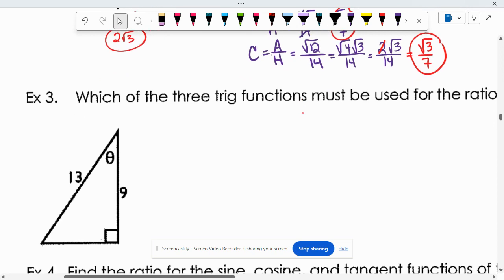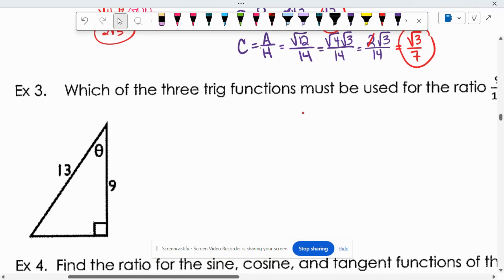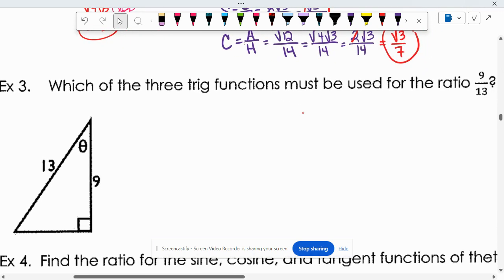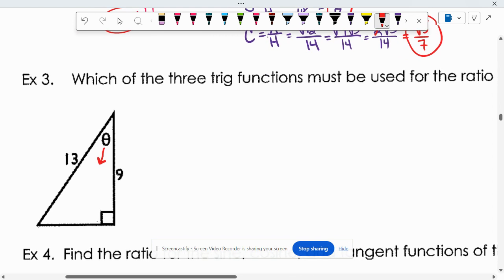Okay. Which of the 3 trig functions must be used for the ratio 9 over 13? So let's look at this. Theta. So if I look at theta, let's label it. What does 13 represent? Hypotenuse, opposite, or adjacent? Hypotenuse. What does 9 represent compared to theta? Opposite or adjacent?